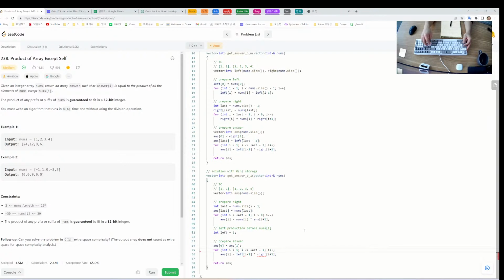And then for answer, the last answer, copy last is left. Then from 1 to last minus 1.